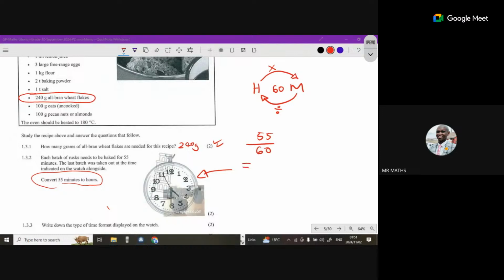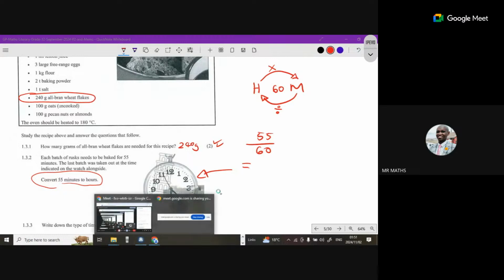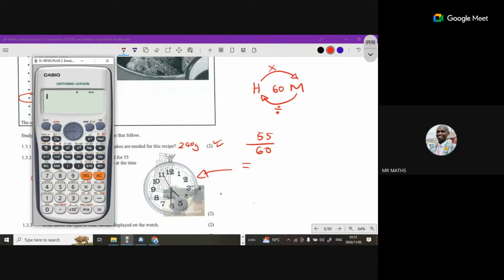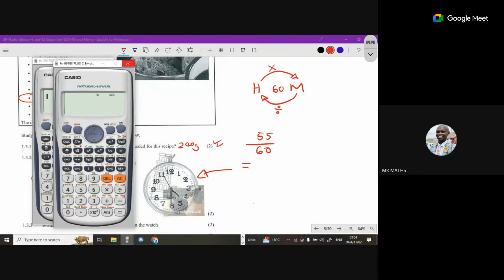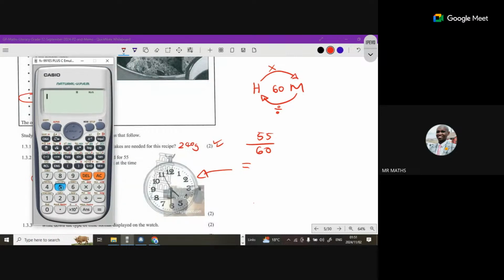Then for the calculator. Let's wait for mine, I'm still opening it. So it's going to be 55 divided by 60, which will give you 11 over 12. Then you press SD, then again SD. So you can see there, you can round off to 2 decimal places.